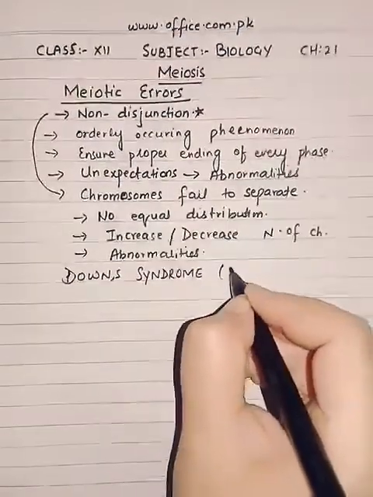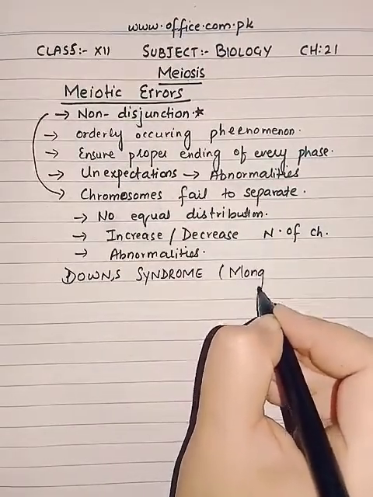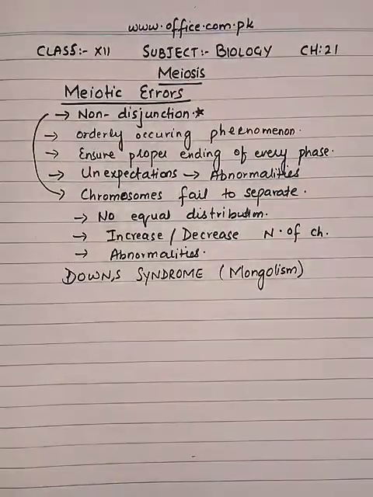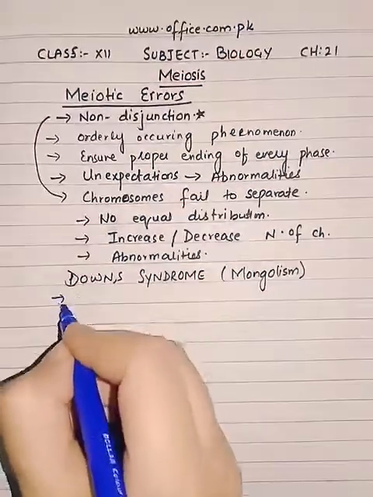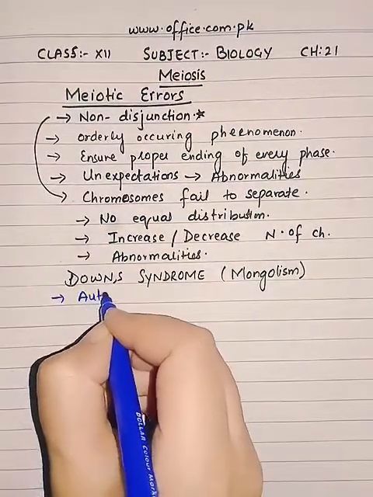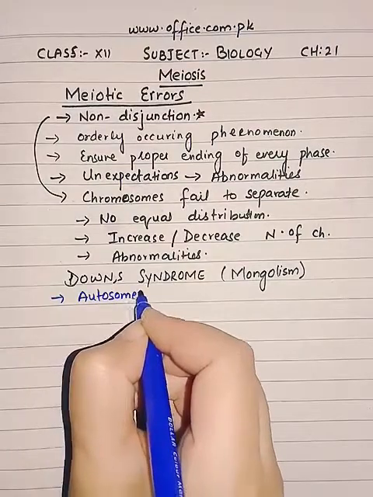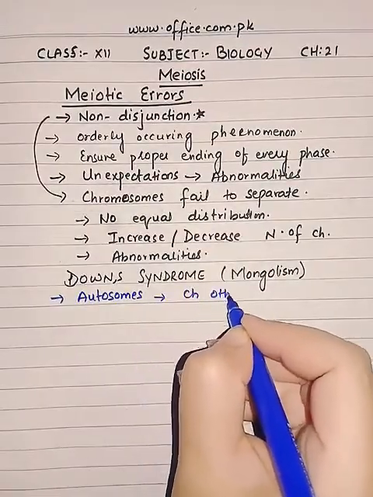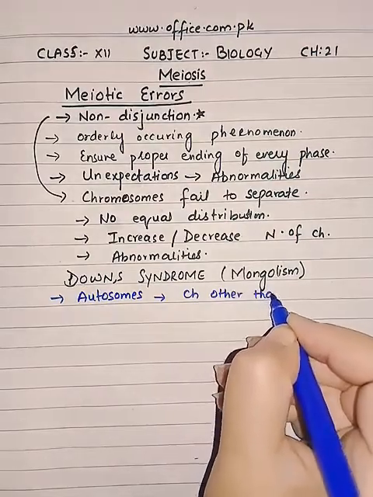The other name of this syndrome is Mongolism, because the patient suffering from this syndrome will look like Mongols, with a specific Chinese-like appearance. It is basically happening in the autosomes, the chromosomes other than sex chromosomes.